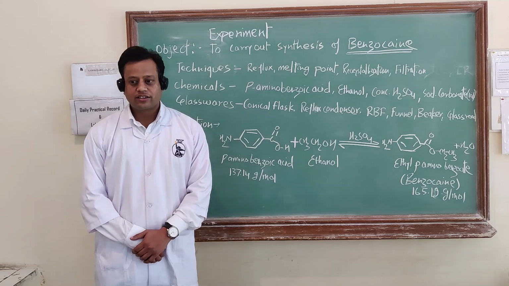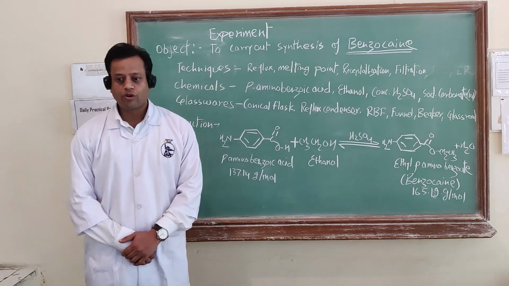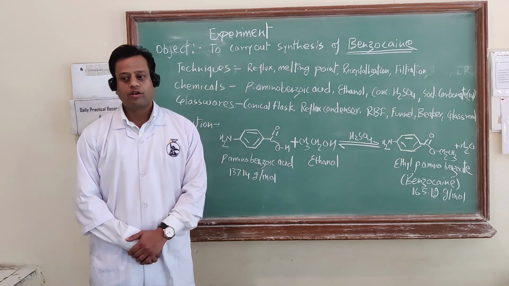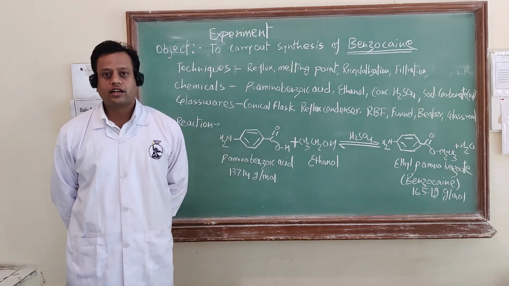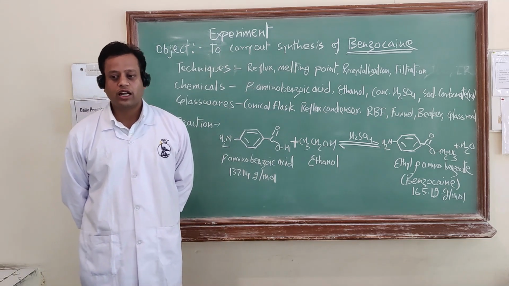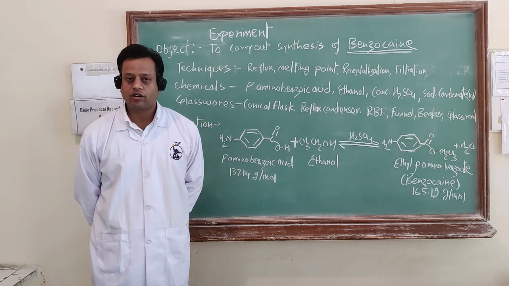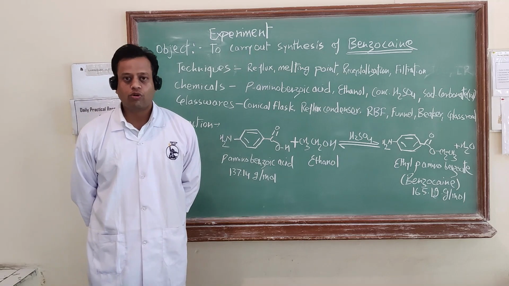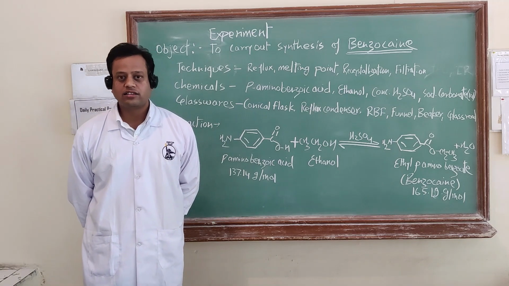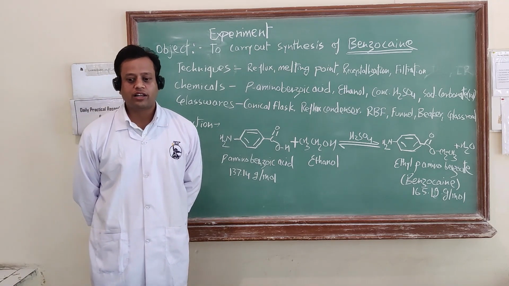Benzocaine is structurally analogous to cocaine, lidocaine and novocaine and is prepared by the esterification of para-amino benzoic acid with ethanol. It is an esterification reaction which can be influenced by the concentration of the starting materials.